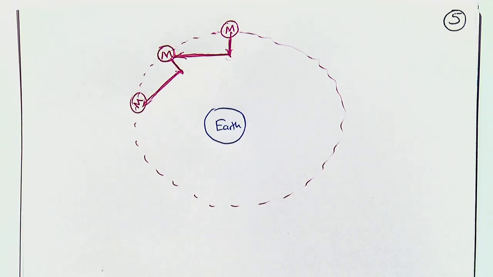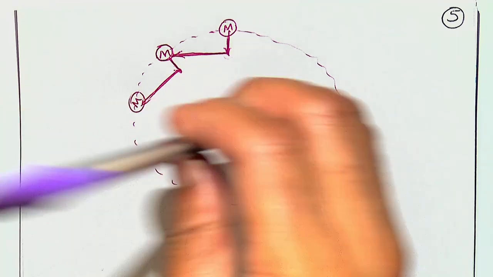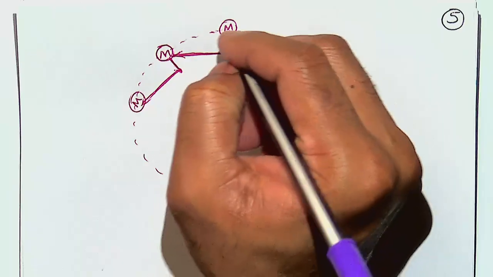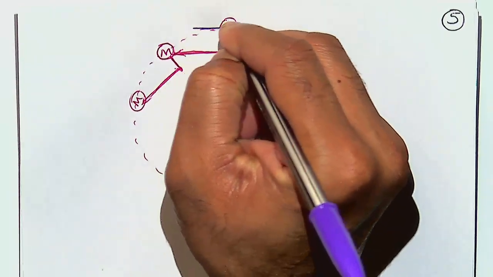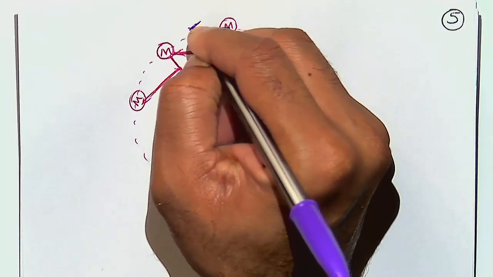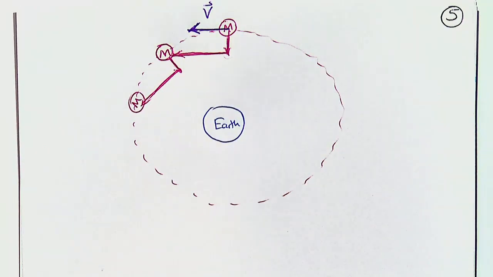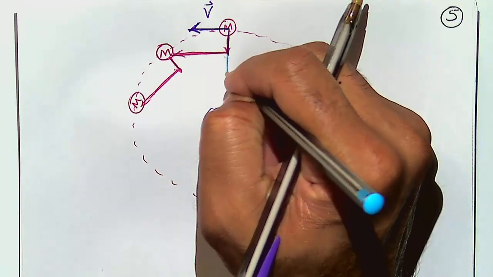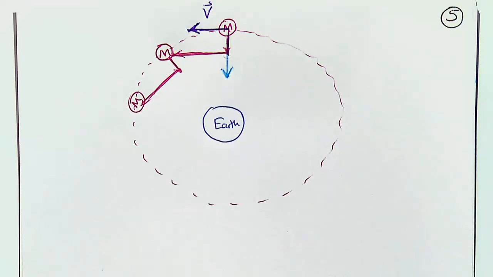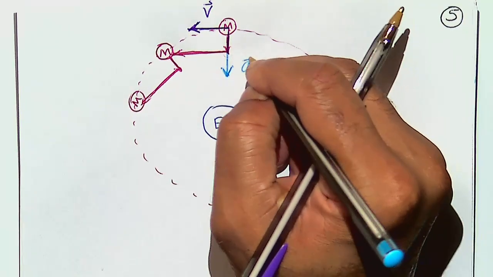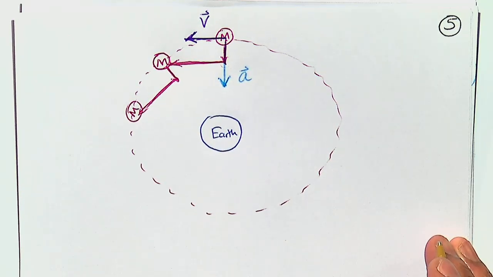Another way to think about this is using the idea of velocity. If you think about the velocity vector of the moon, here's the velocity vector. At that moment, the acceleration is in the direction of the force, so here's the acceleration of the moon towards the Earth.